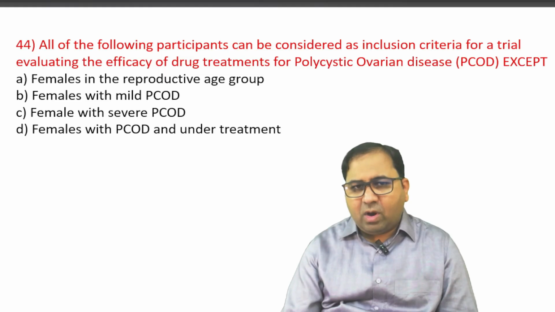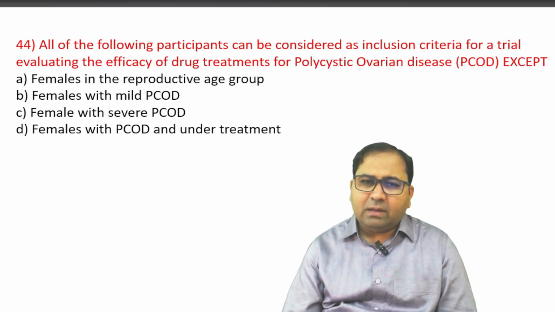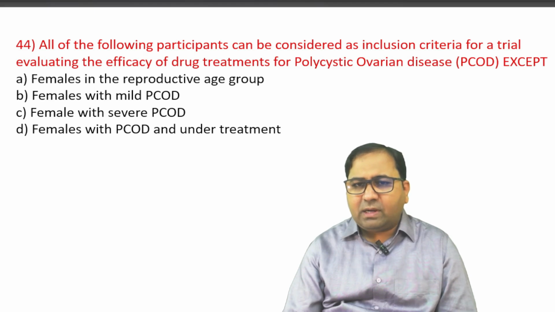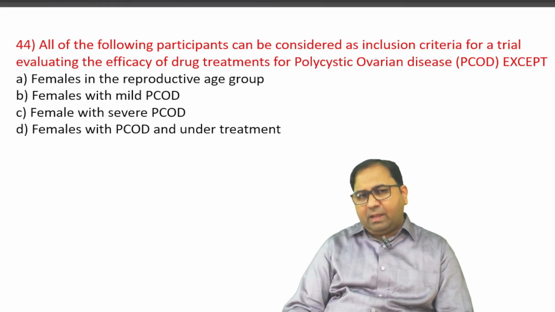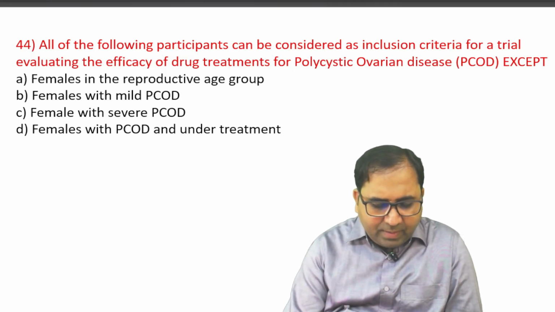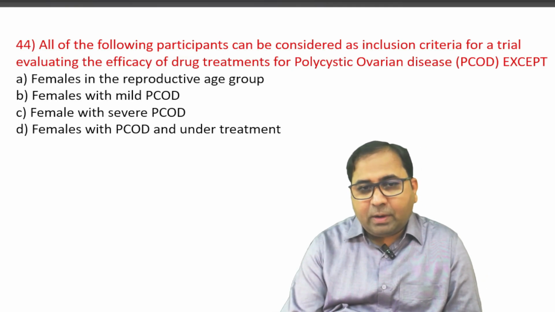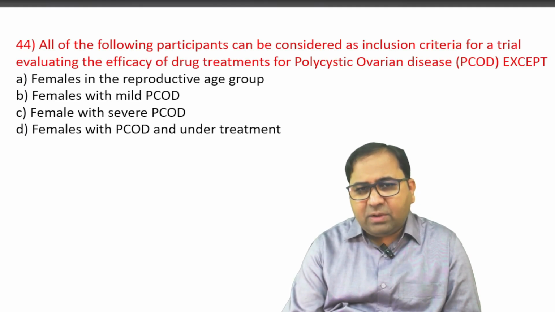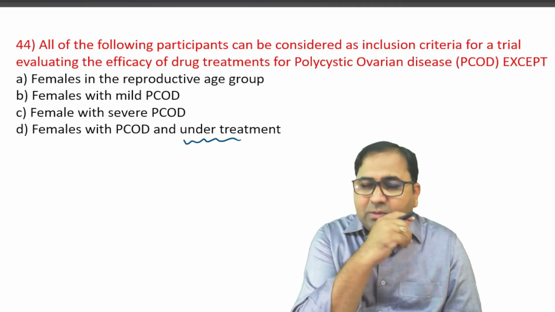Next question: all of the following participants can be considered as inclusion criteria for a trial evaluating the efficacy of drug treatments for PCOD except what? Options are A, females in the reproductive age group; B, females with mild PCOD; C, females with severe PCOD; or D, females with PCOD and under treatment. So what was the question?